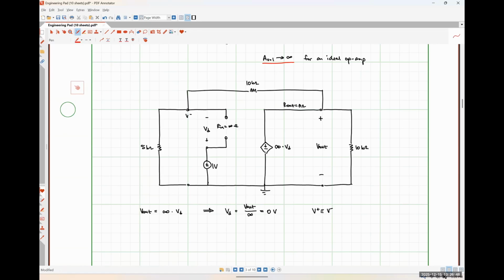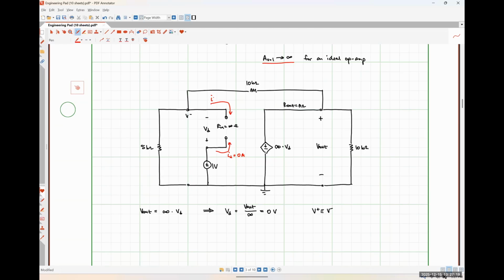How much current can flow into my input terminals? 0 amps. That's my other ideal op-amp rule and where it comes from, right? There's an open circuit there. There's no current that's going to be able to flow into my inverting input terminal or my non-inverting input terminal.